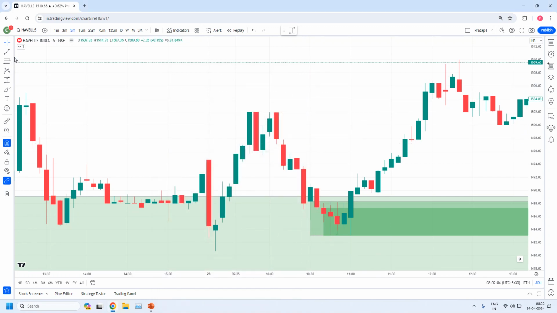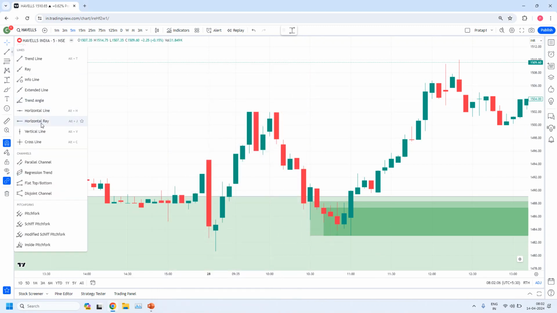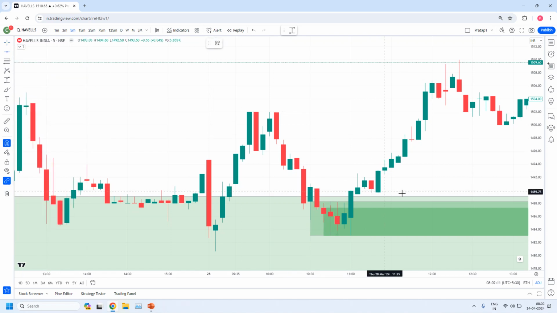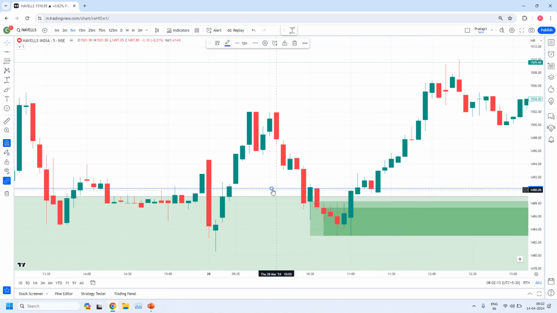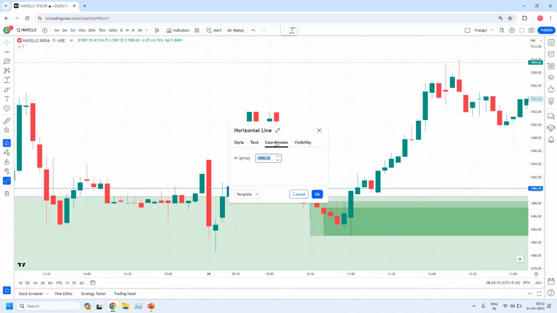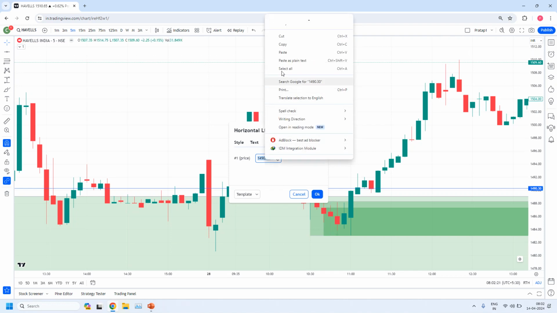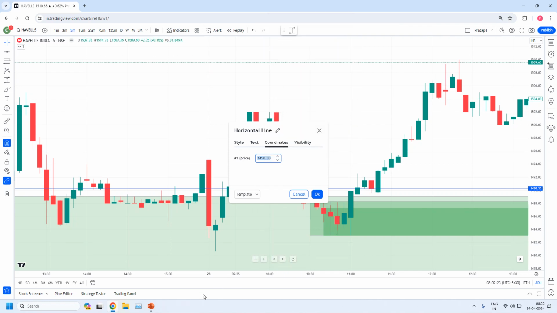Now let me add a horizontal line for defining my entry. In these coordinates, let me change the value. Oh, 1490.